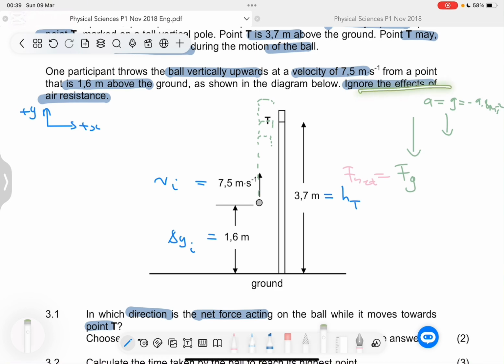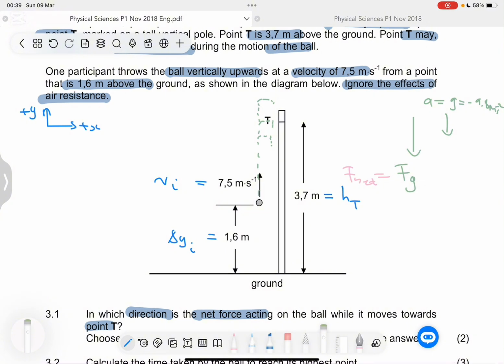Remember, there's no air resistance and no other external forces. This means that the net force is exactly the force of gravity. It is the only force acting in this situation, even if the ball is going up.